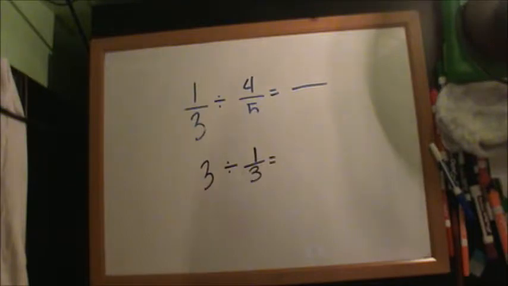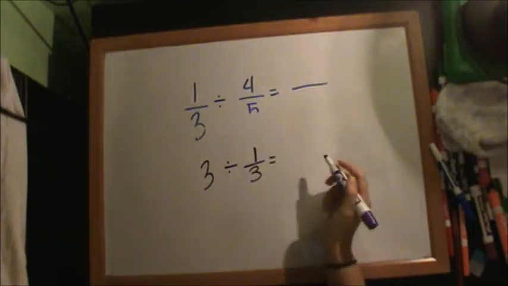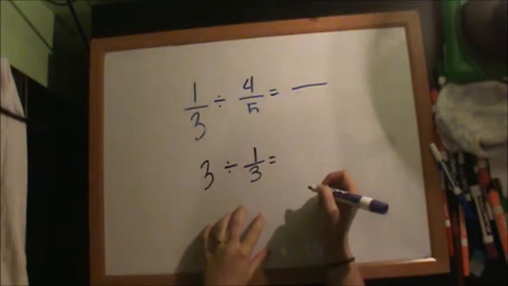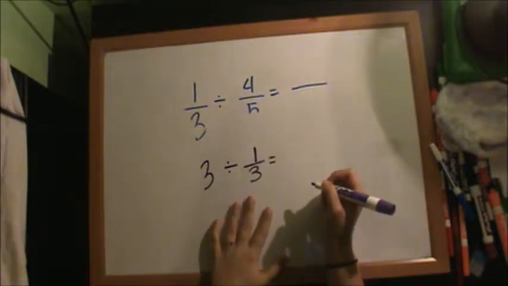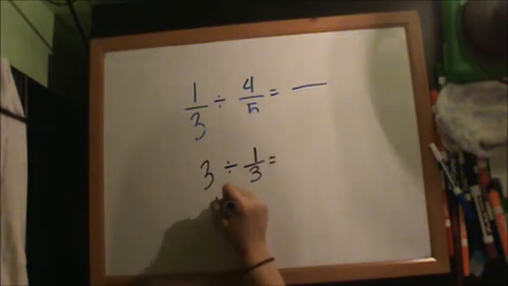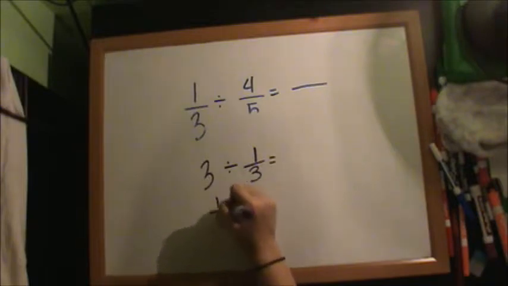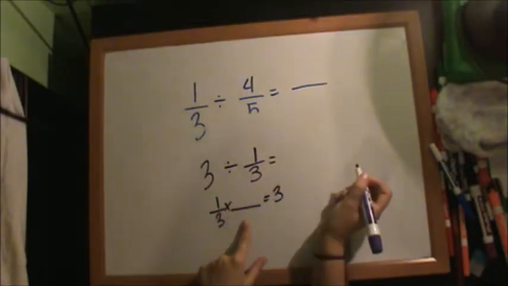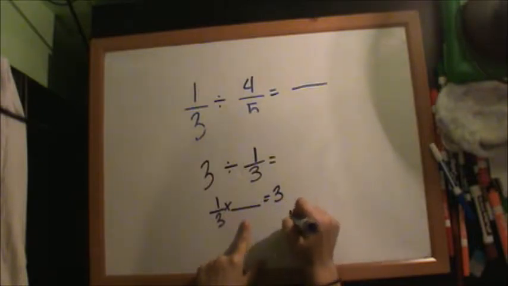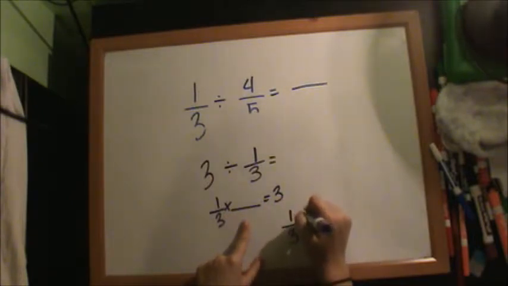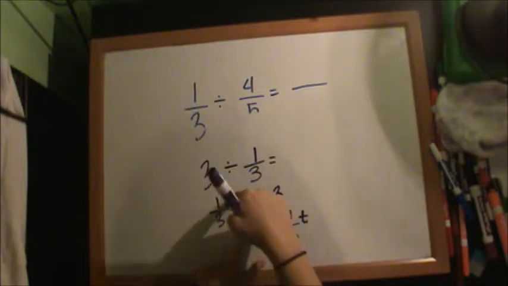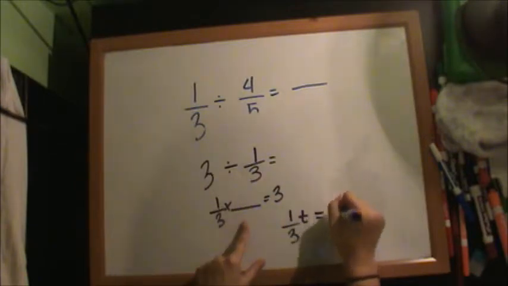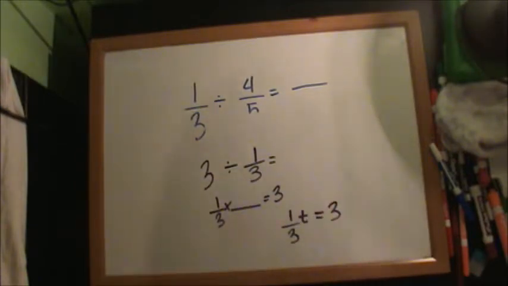If I had this problem and I wanted to change it into kind of a pre-algebra problem, I could say, what times 1/3 gives us 3, but notate it like this. And I'm going to use t so that we don't confuse it with a multiplication sign. So when I write it this way, we are trying to get t by itself.